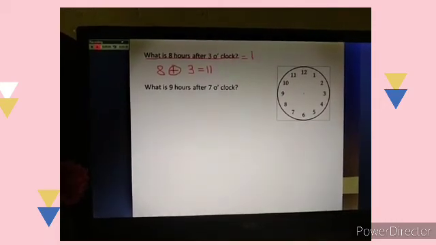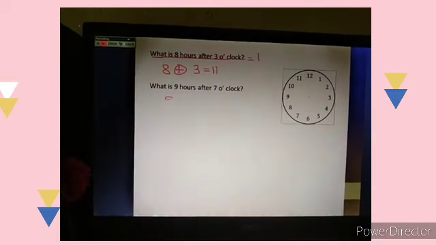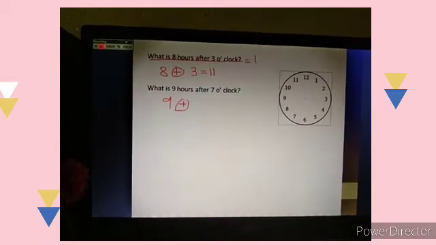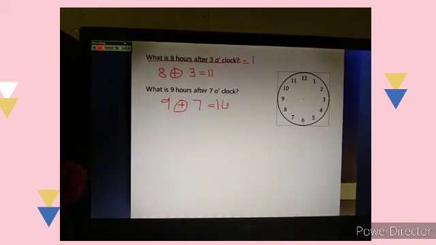And another one: 9 hours after 7 o'clock. So, it will be 16.